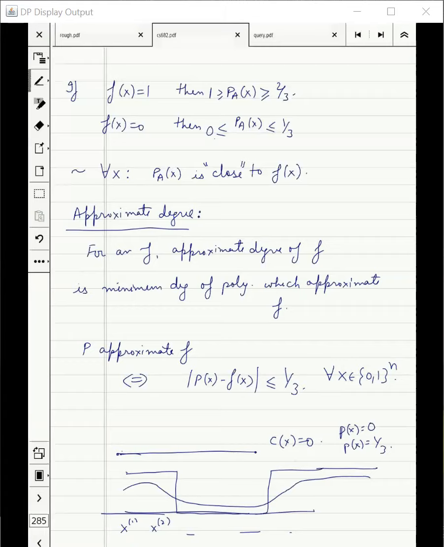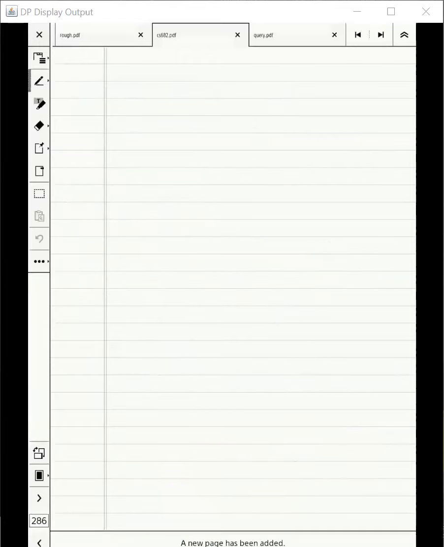And remember what we have seen is that P of x approximates f. Remember these two things which we have seen.